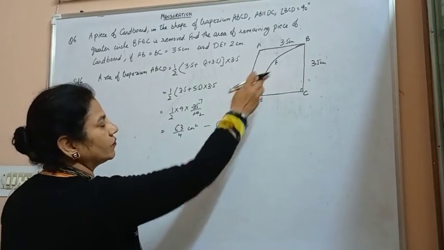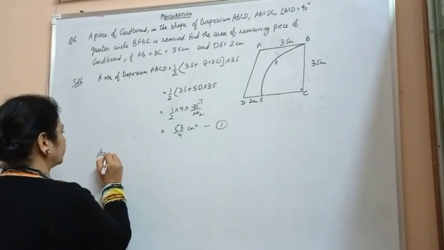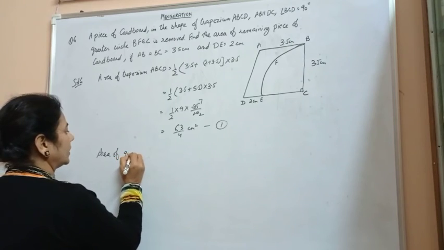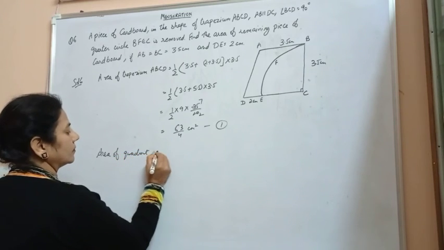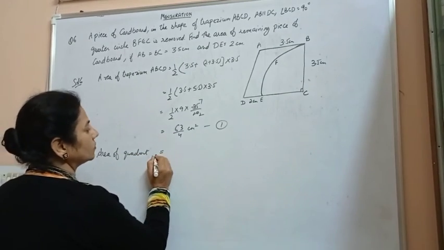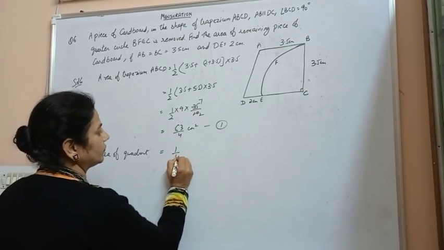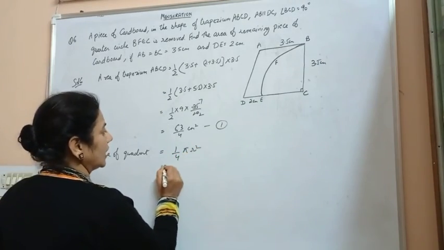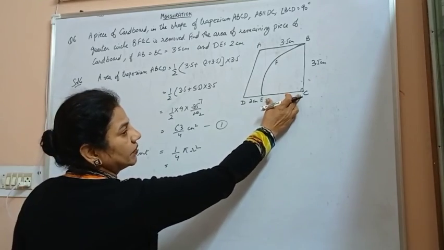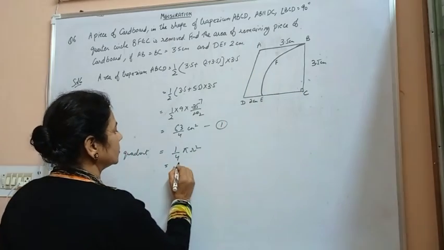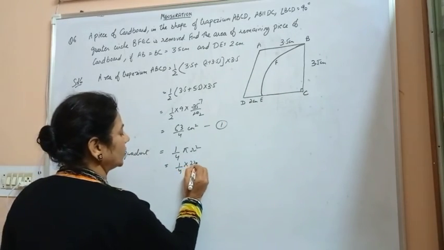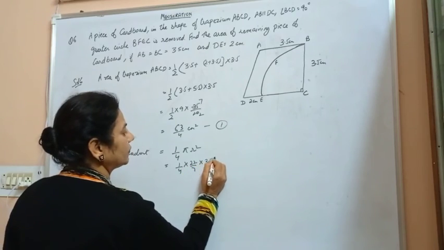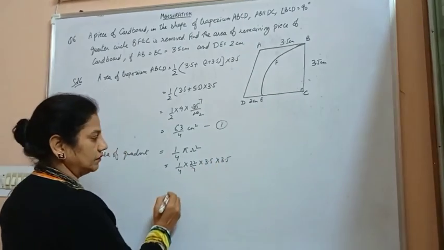Now we calculate the area of quadrant. Area of quadrant is equal to 1 by 4 pi r square. As this length 3.5 is the radius of this quadrant also, we have 1 by 4 into 22 by 7 into 3.5 into 3.5.